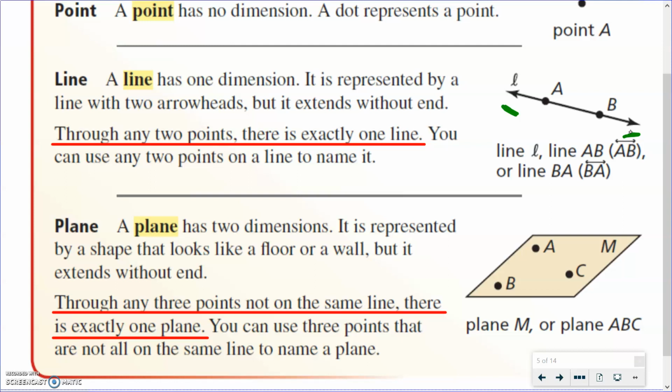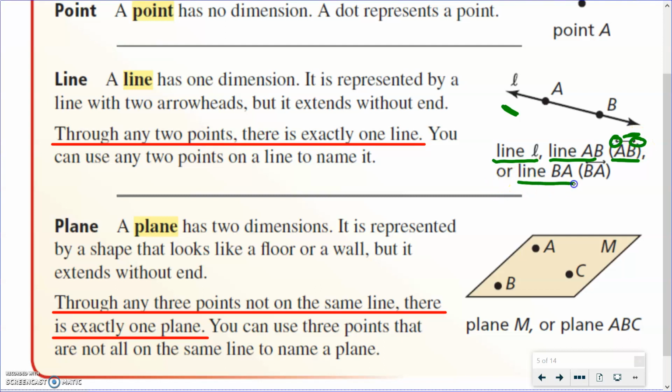Now, the other thing that's really important is we can name this, and you can write out the word line L. You can call it the word line AB. You can write it as AB with a line with two arrowheads over it, but it is very important that when you're writing it like this with no word line there, you have to show that it's a line by putting these two arrowheads on the end.